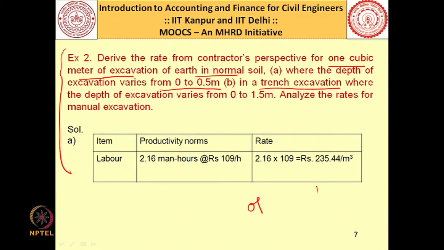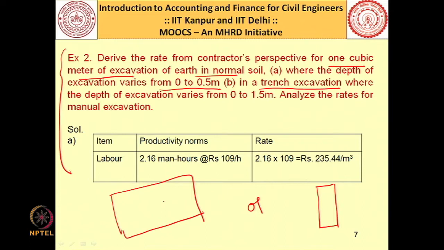So, trench what you find, the width would be correspondingly lesser compared to the open excavation. So, here this is how a trench would look like, but if you see the open excavation, this could be a large area. Obviously, the rate for trench excavation is going to be more in terms of cubic meter compared to open excavation.